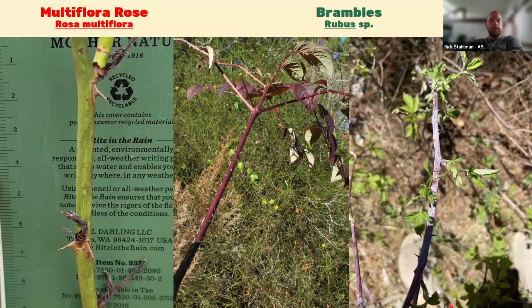With these roses, you can also look at the canes to help you figure out if you've got Rubus, or the brambles. These are blackberries and raspberries. Multiflora rose has a very green cane, and the brambles are going to be either kind of a reddish brown or even a purple with some dusting to it. The leaf structure is going to be different on these. Both of these will have prickles.